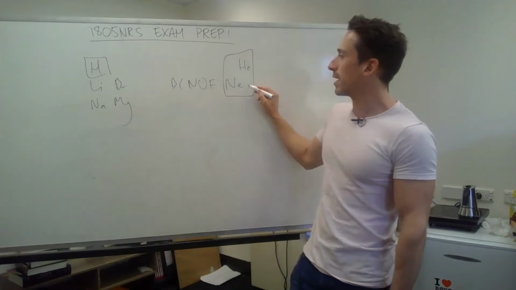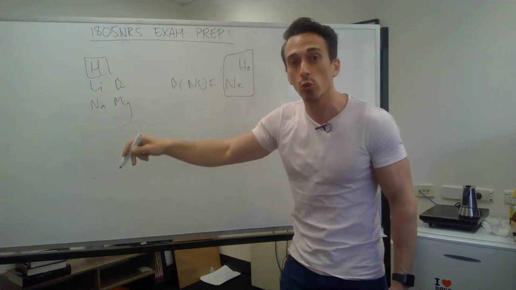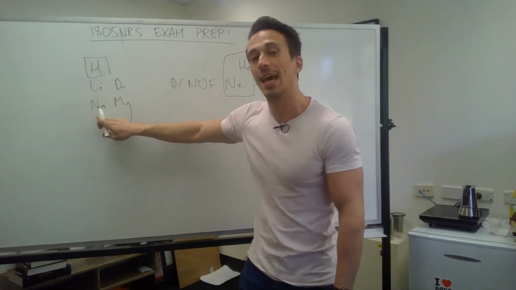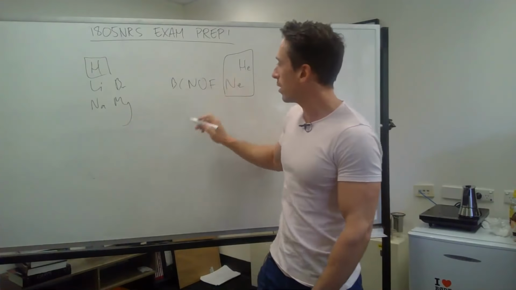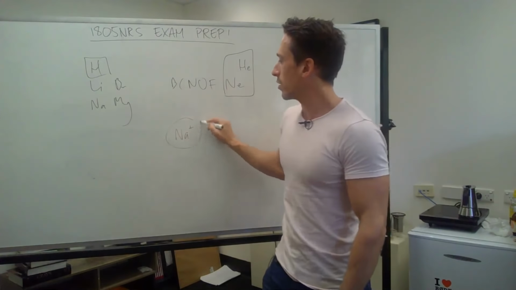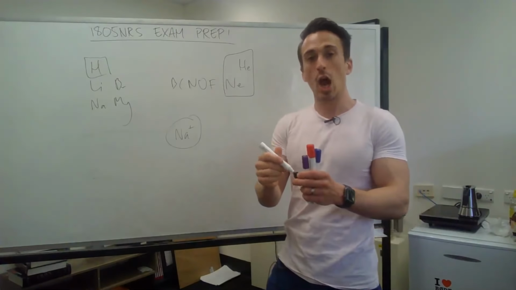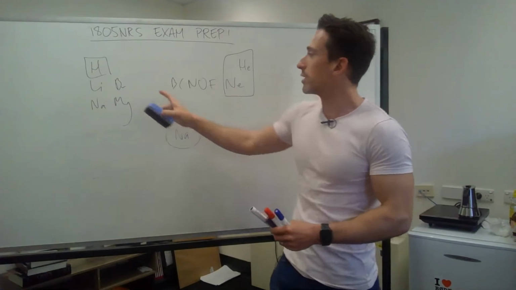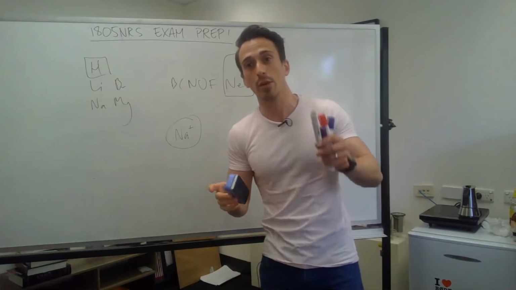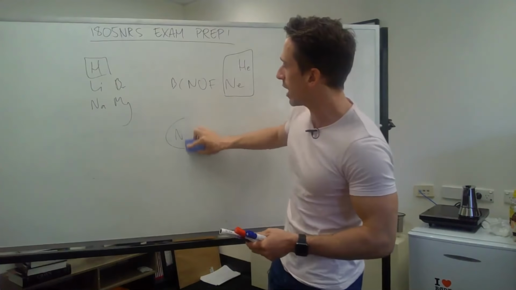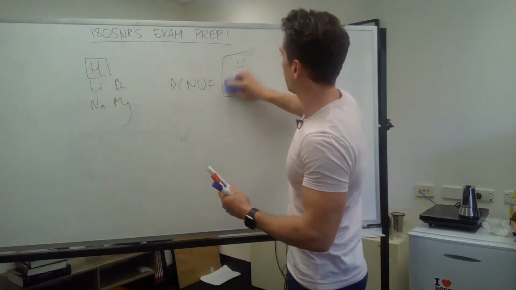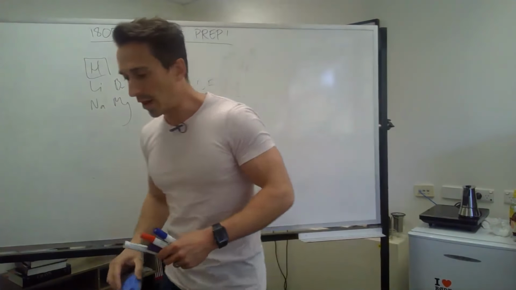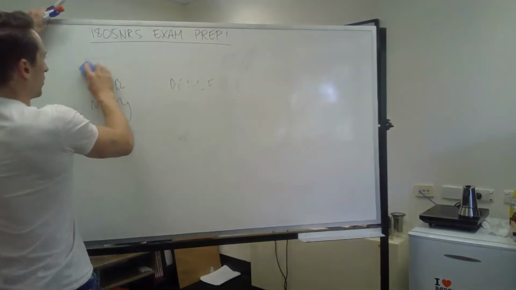It wants to be closest to neon, which is number 10. So it wants to lose an electron because it has 11 electrons. That is 10. It loses one to be more like neon, and then sodium is left with a charge. So these are the ions. Okay. Now you don't need to do this calculation in the exam, but you do need to understand that an ion is a charged atom or element. It can be positively charged, can be negatively charged. All right. So that's define the difference between the terms atom, element, and ion.